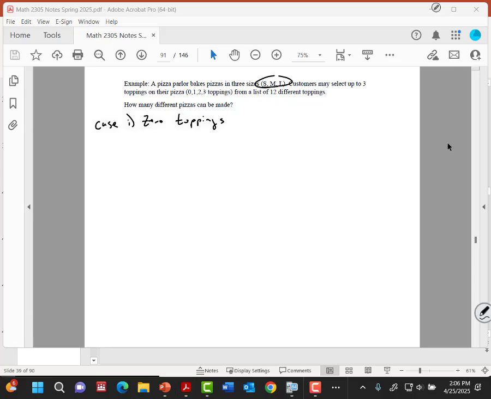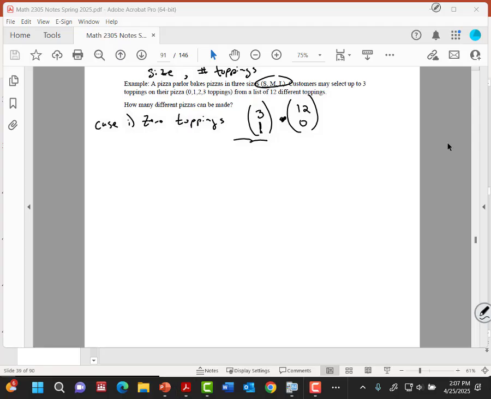When I place an order for a pizza, I have to select the size, and then I have to select the number of toppings. So let's say I select 0 toppings. Well, first let's select the size. So from the 3 sizes, choose one of them, times from the 12 toppings, choose 0 of them.